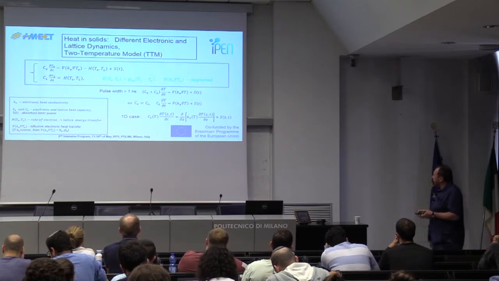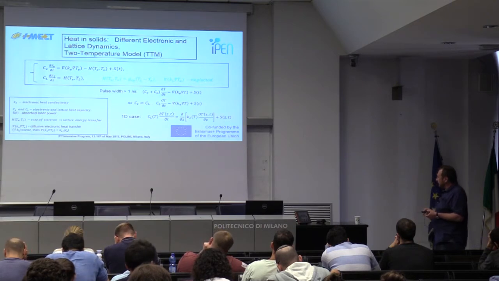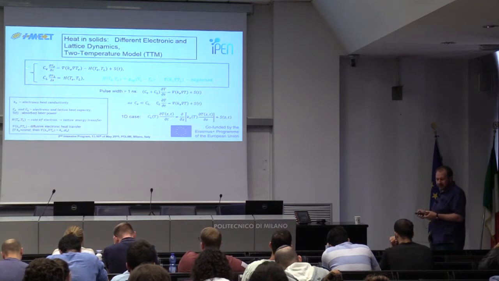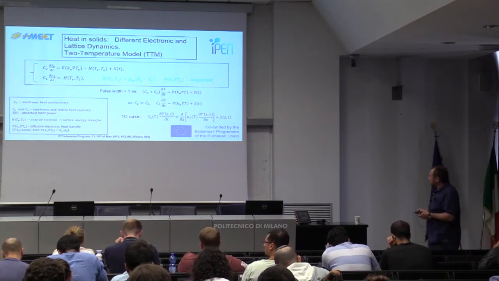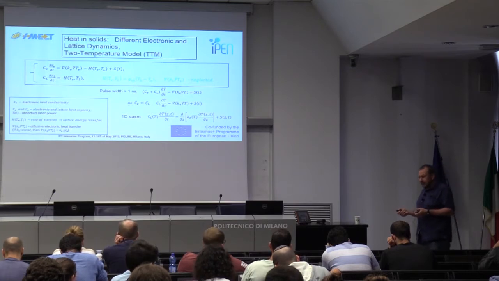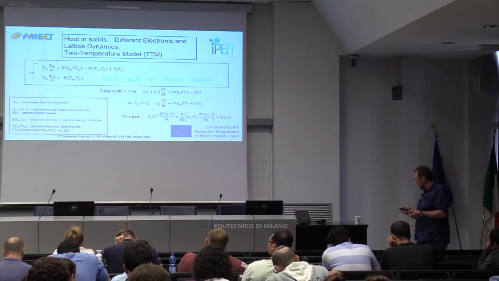Now, at long pulse width, we can further simplify these equations because there is practically no difference between the temperatures of electrons and lattice. And in the case where we have a relatively large laser spot and small penetration depth, then we can reduce it also to one dimension.